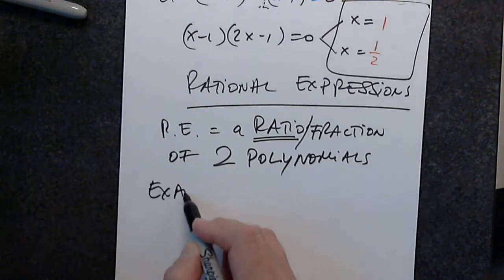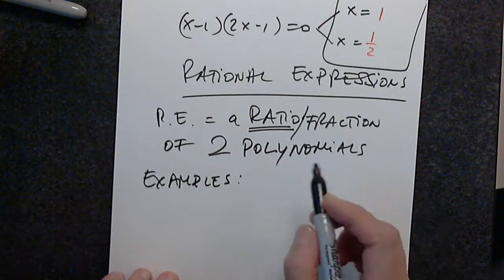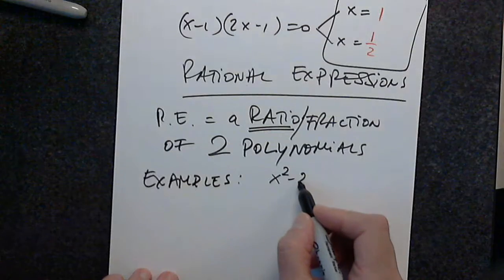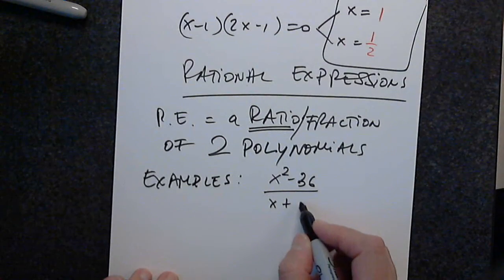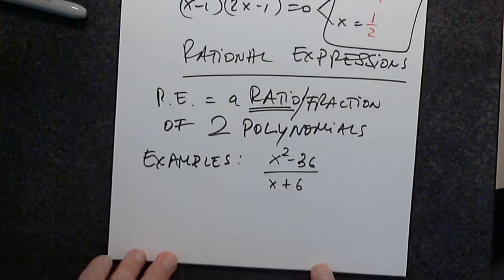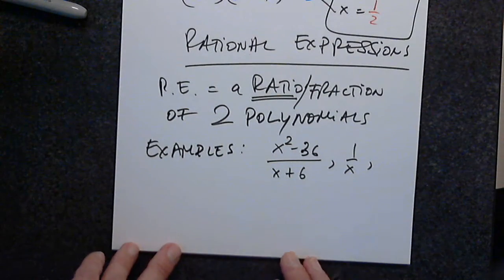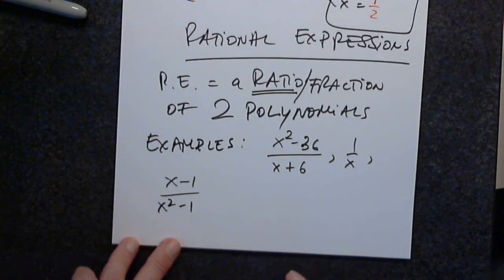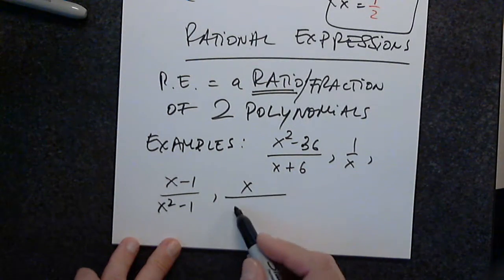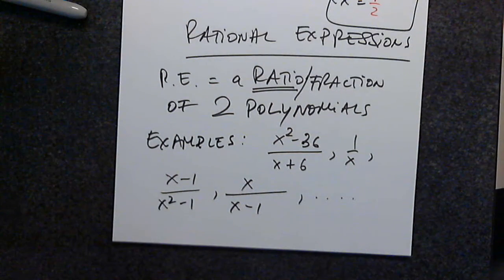Examples: x squared minus 36 divided by x plus 6. 1 over x. x minus 1 over x squared minus 1. x over x minus 1. And so on and so forth. All these are rational expressions.